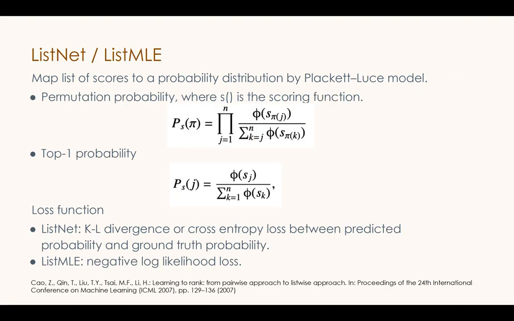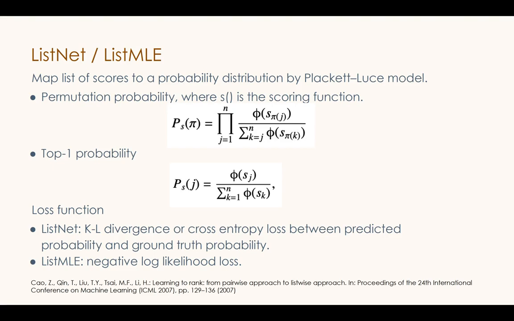Another category of listwise algorithm is ListNet and ListMLE. These two are very similar to each other. So instead of working with the list of scores, they convert the scores to probabilities by using the Plackett-Luce model. There are different ways to compute the probabilities.